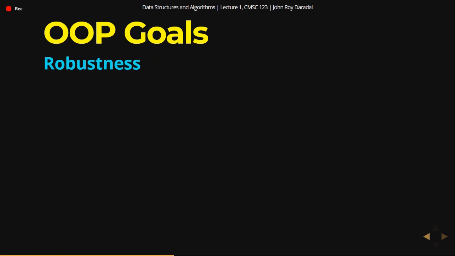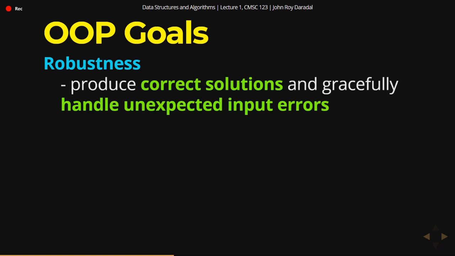So our goals when doing OOP are the following. We have three goals. Number one is robustness. We want our code to be robust, so we want to produce correct solutions and gracefully handle unexpected input errors.